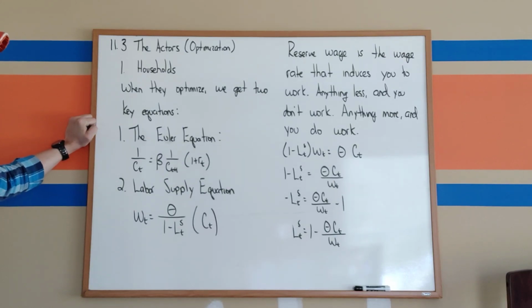So the preferences of sitting on your ass multiplied by your consumption divided by the wage rate.